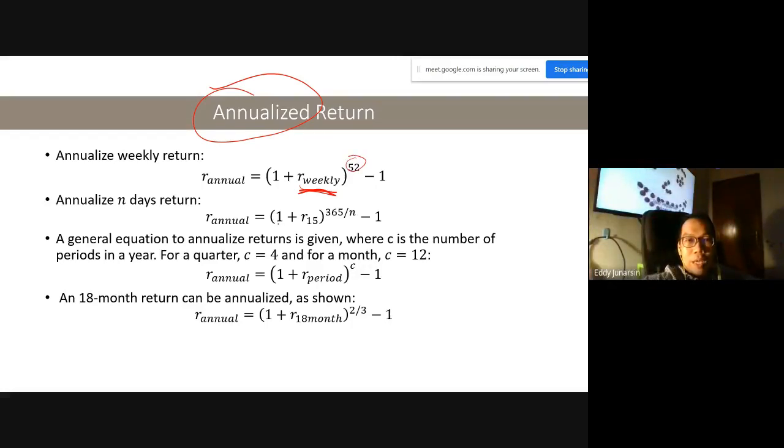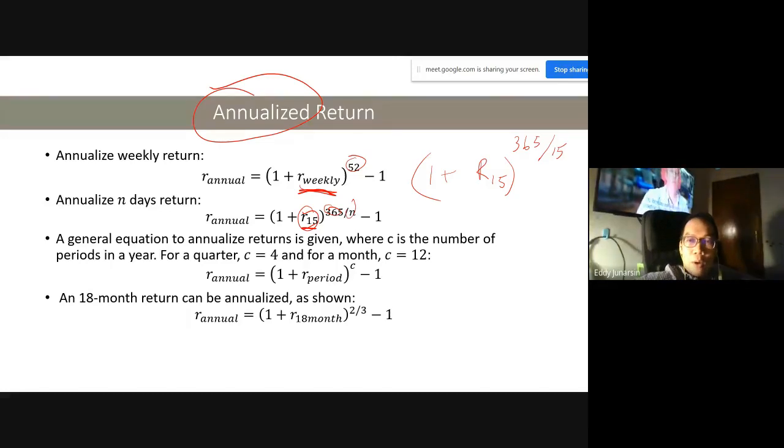But if this is like 15 days or something, you find the total number of days in a year divided by that number of days. For example, this is 15 days, so 1 plus the return for every 15 days, you raise to the power of the number of days in a year divided by the number of days that you use per return. Okay, so this is quite straightforward.